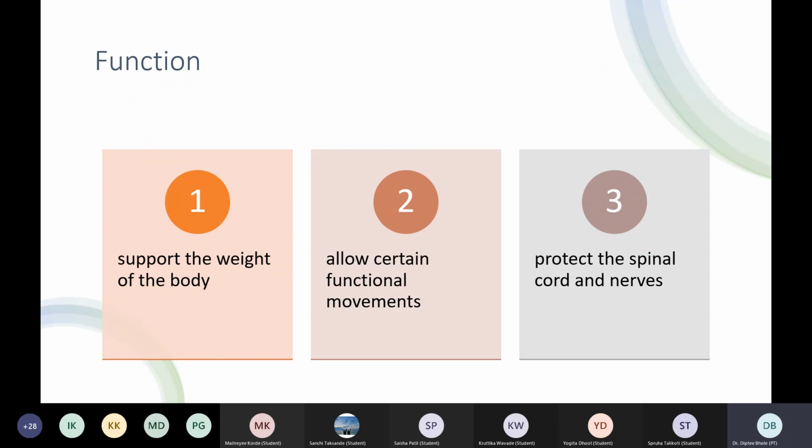Please tell me, because something has changed in the way Teams is working today, and I have not been able to share the PowerPoint the same way as I always do. So which slide is visible right now? The function only. Okay, fine. So you can see the function right now.